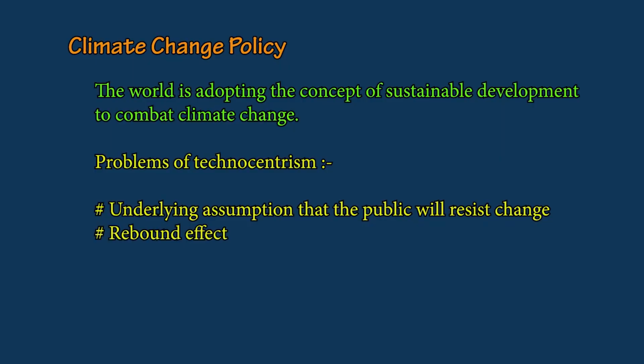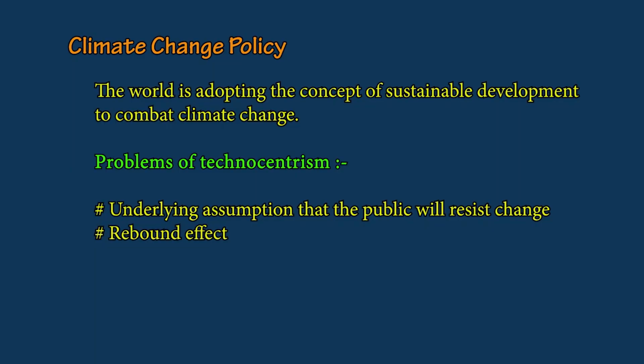So the world is adopting a concept of sustainable development to combat climate change, but there are some problems in this approach, right? The current approach which is being taken up by the governments. There are many aspects to this approach, but we will focus on one aspect of it today.